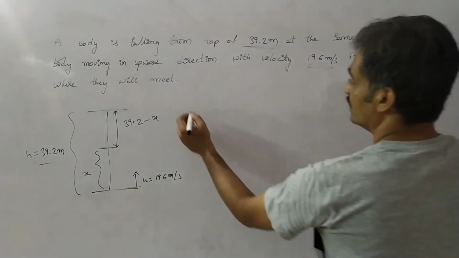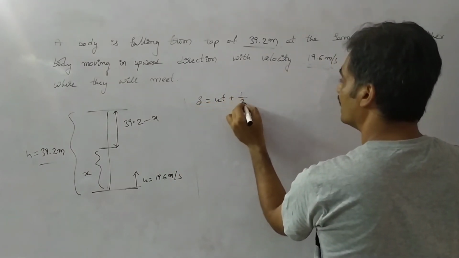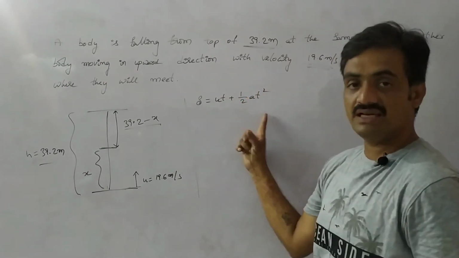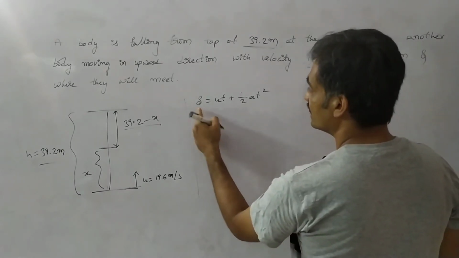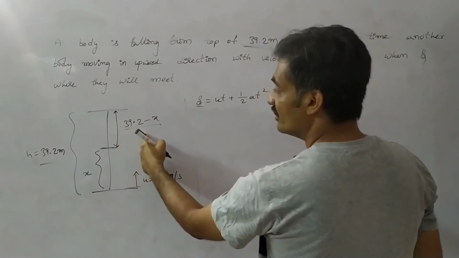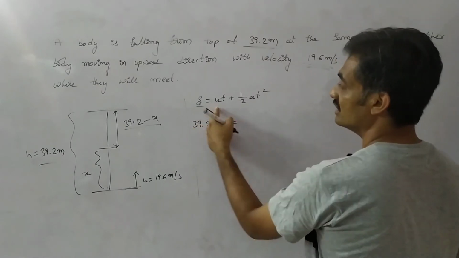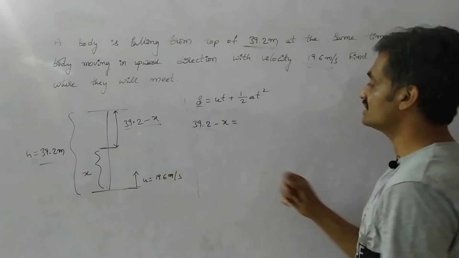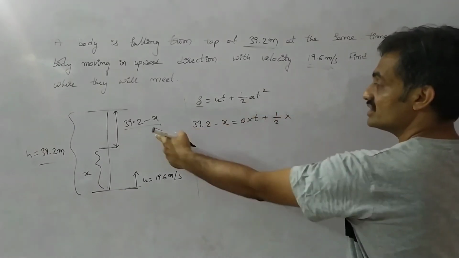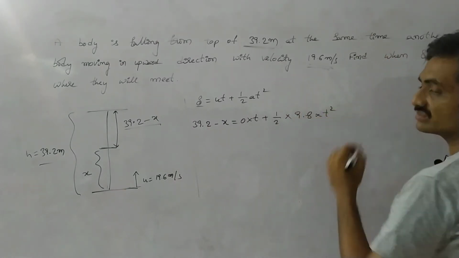In order to find this, let us consider the equation s equals ut plus half at square. As you observe, the height traveled by the body when they meet is 39.2 minus x. From this we have 39.2 minus x equals, in the case of a freely falling body, initial velocity 0, so 0 into t plus half into acceleration due to gravity, which is positive and represented as 9.8, into t square.